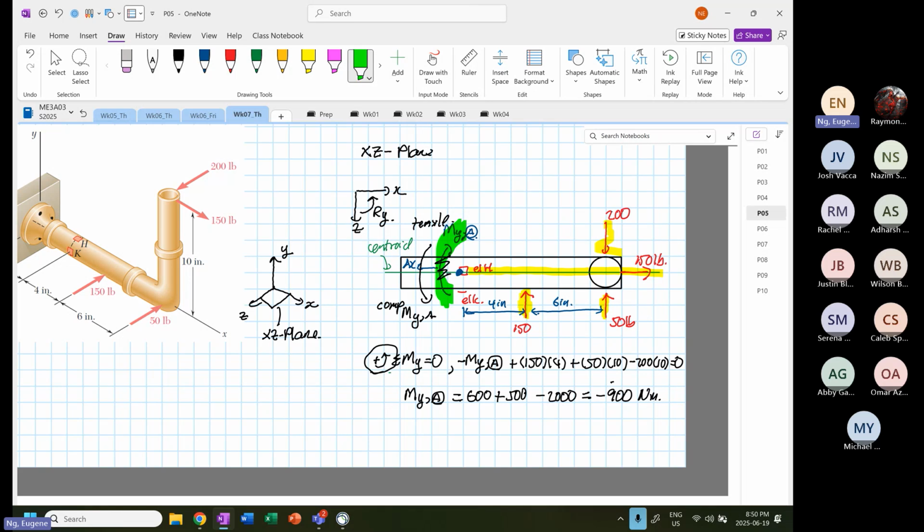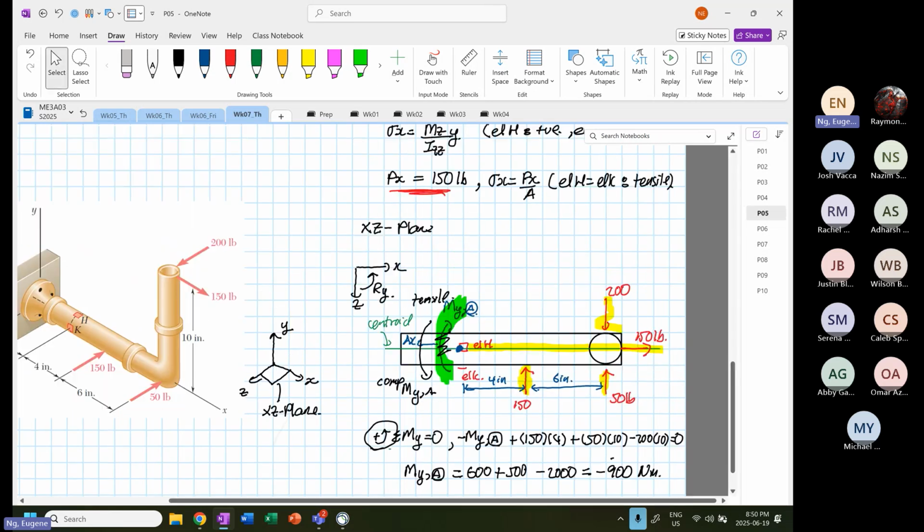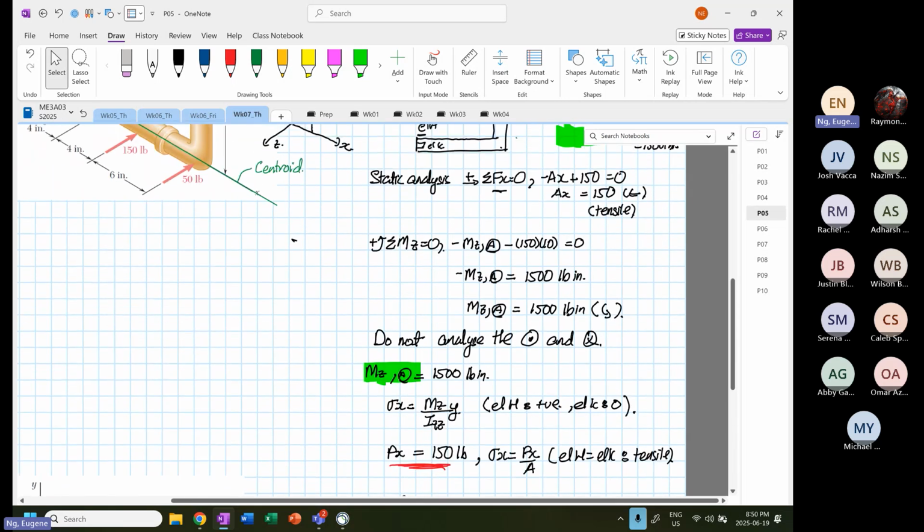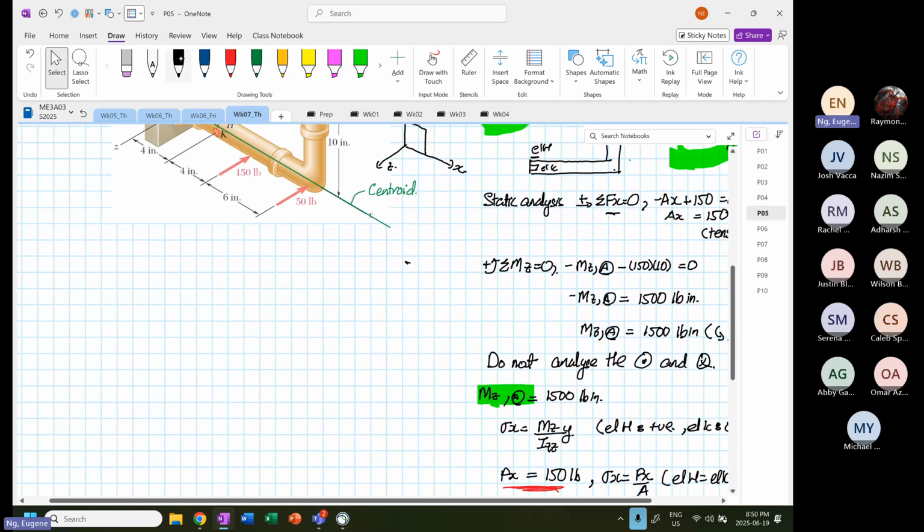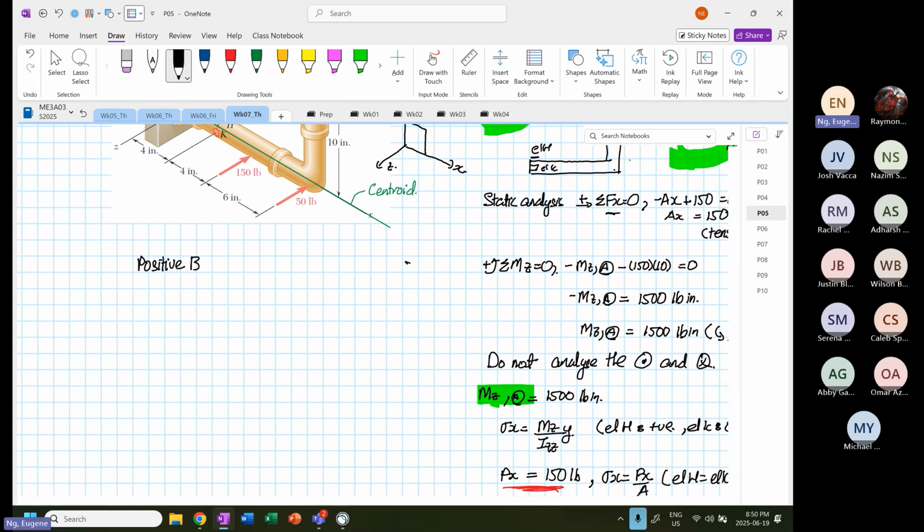This is a positive shear, positive bending moment assumption. Okay, Omar, you're not seeing this yet. I'll tell you what you're not seeing. Positive bending moment assumption.